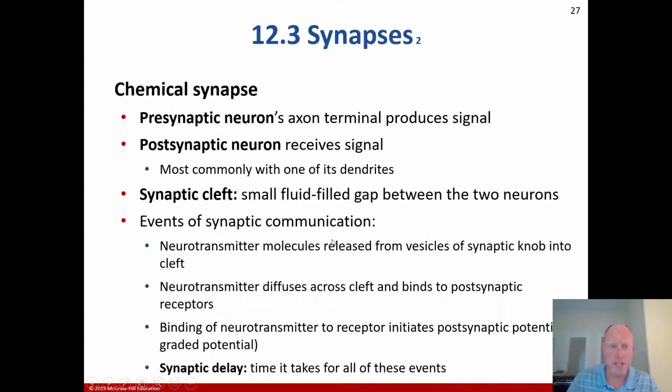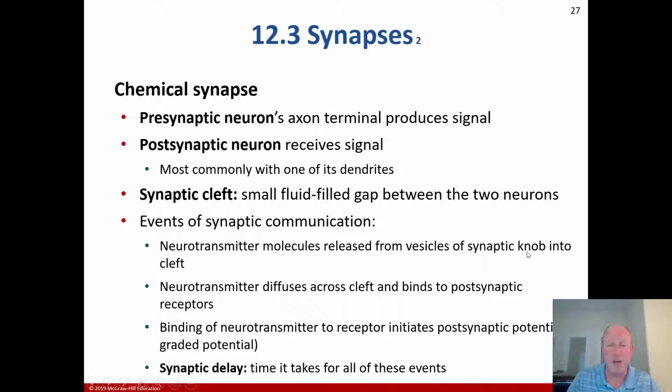In a chemical synapse, the presynaptic neuron's axon terminal produces the signal. The postsynaptic neuron receives the signal, most commonly with one of its dendrites. The synaptic cleft is that small fluid-filled gap between the two neurons. In the events of synaptic communication, neurotransmitter molecules are released from the vesicles in the synaptic knob, very similar to muscular activation, where an action potential is an electrical signal for a muscle.